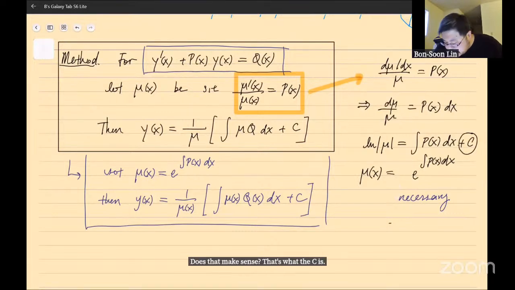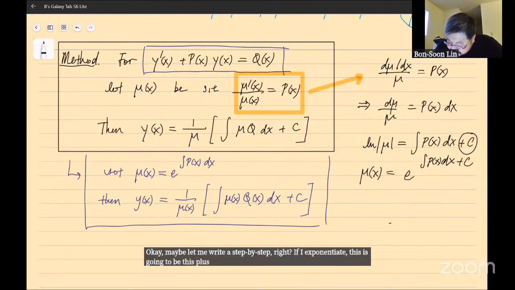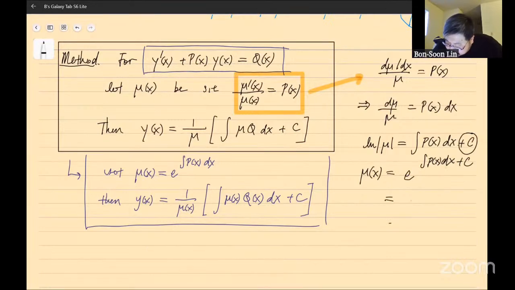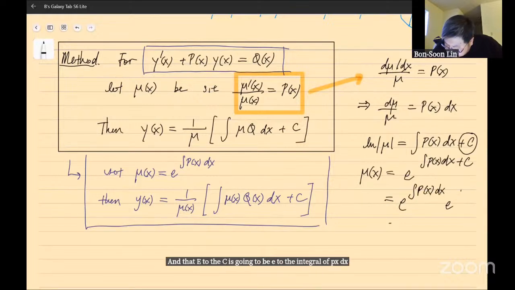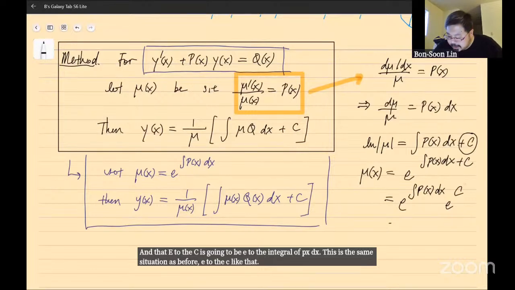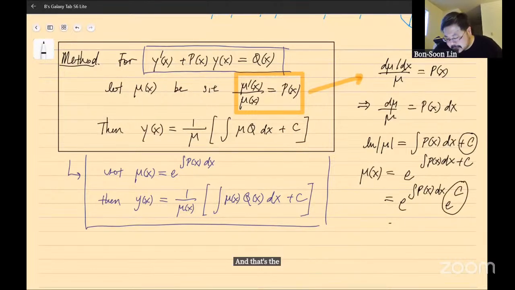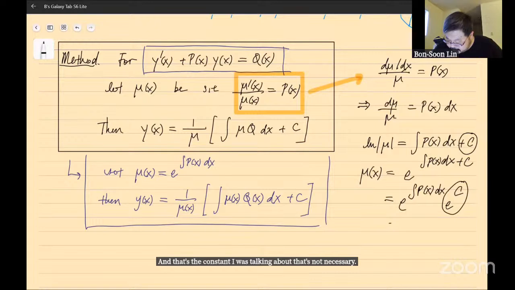Maybe let me write it step by step. If I exponentiate, this is going to be this plus C, right? Do you see that? And that e to the C is going to multiply e to the integral p of x dx. This is the same situation as before, e to the C like that. And that's the constant that I was talking about. This constant is not necessary.